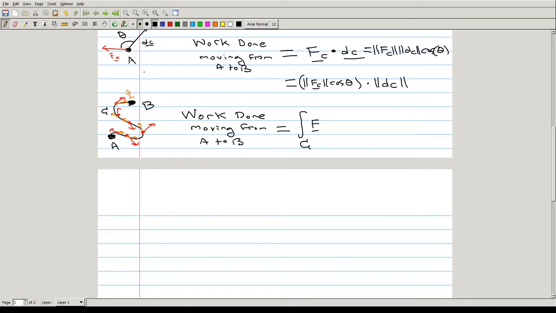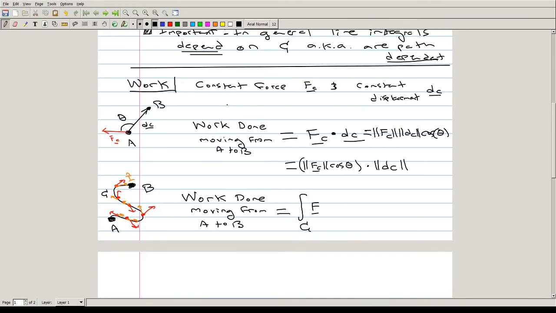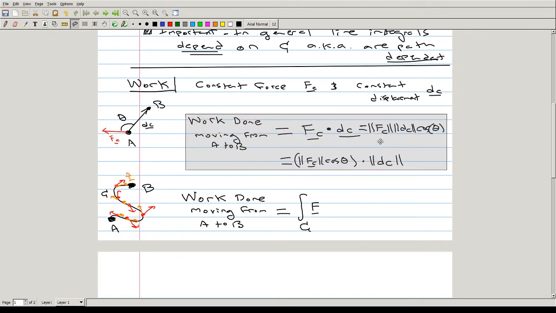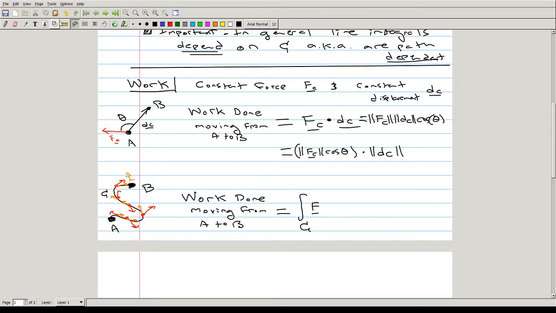The previous case was the case of constant force and constant displacement.